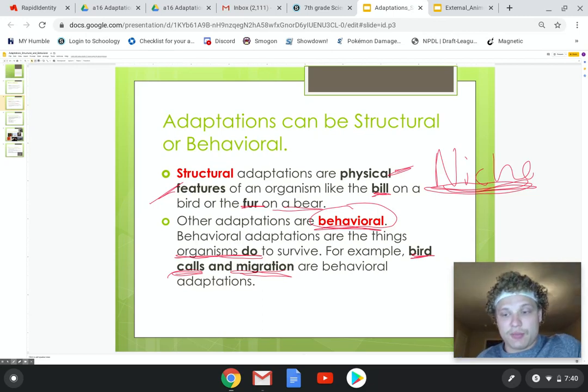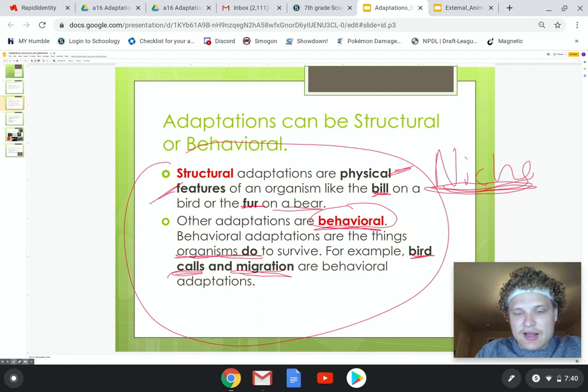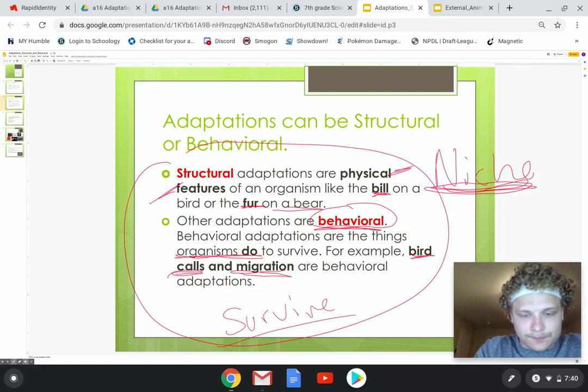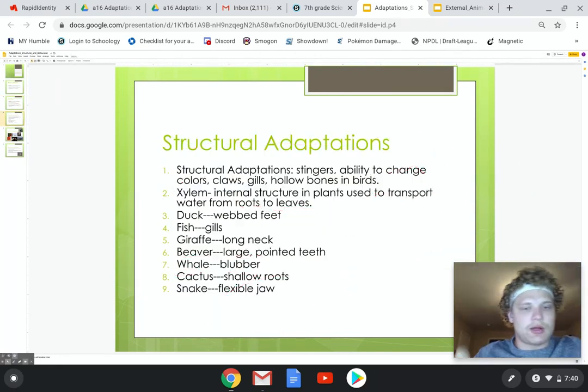These are all pretty interesting adaptations that some organisms have gotten. And the reason behind all of these adaptations is so that they can survive better and live longer lives.